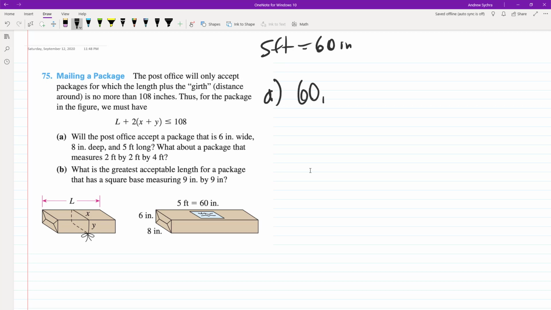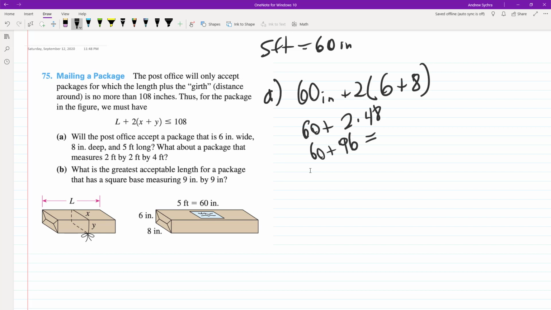So 60 inches plus 2 times 6 plus 8. 60 plus 2 times 48. 60 plus 96. Is it less than 108? No, it is not. What about a package that's 2 by 2 by 4? So this is still A.